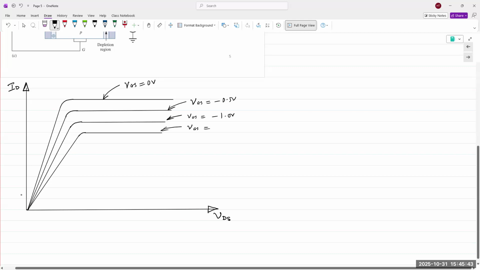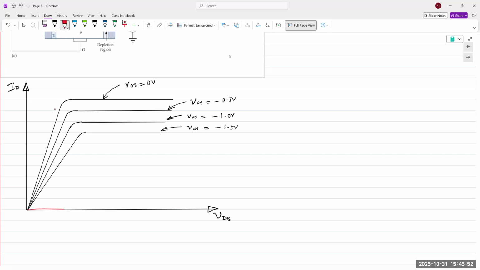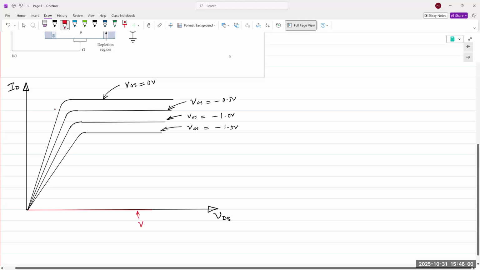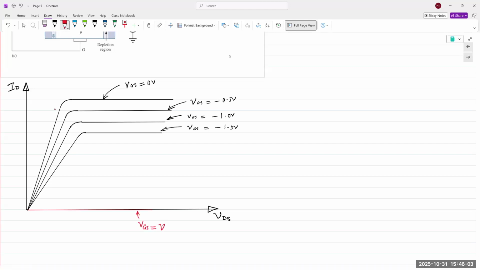And so on and so forth, right? Until it completely pinches off. So at the very bottom, here I would say is VGS equal to VP.